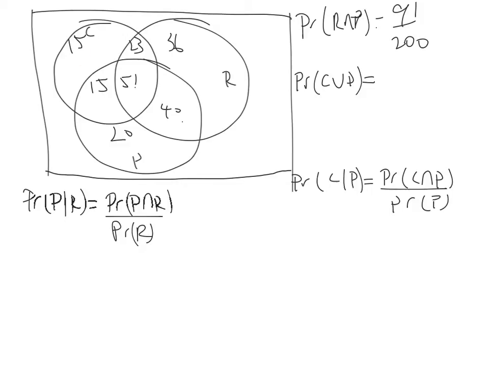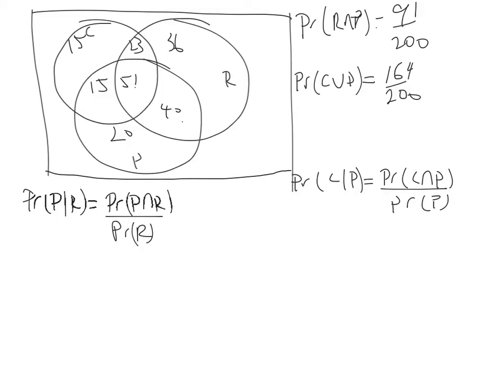So we'll have 15 plus 23 plus 15 plus 51 plus 40 plus 20. From there, that ends up giving us 164 over 200.